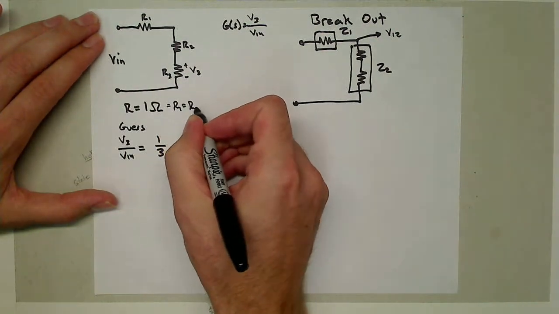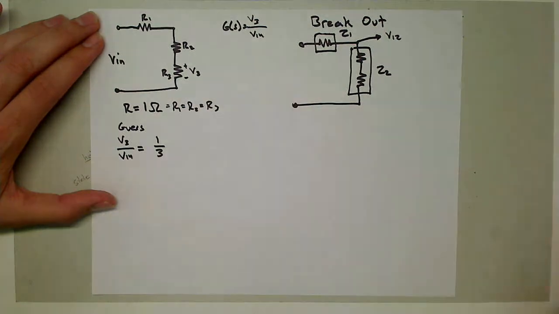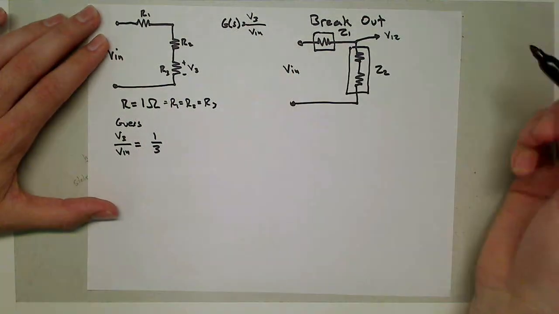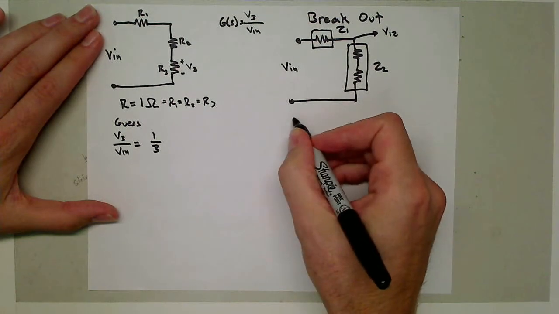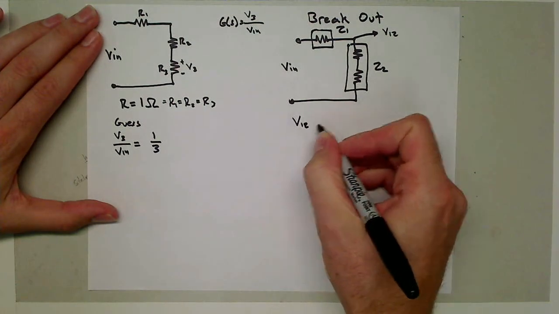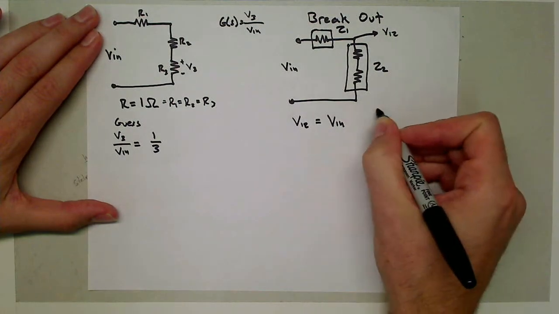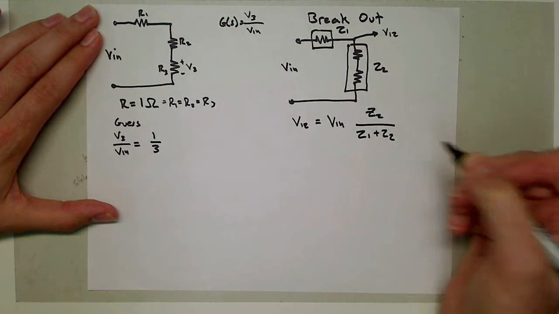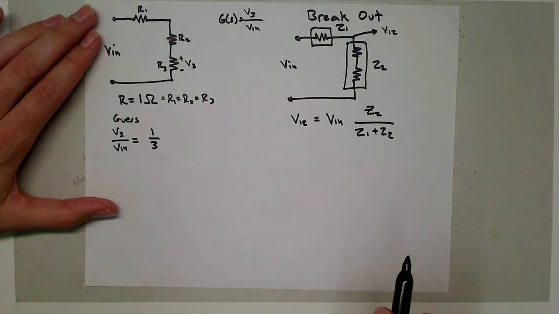R1 equals R2 equals R3. Okay. So when I lump this out, I know, just using my voltage divider, that V12 is going to be equal to V in times Z2 over Z1 plus Z2. Okay, so that's going to give me V12.